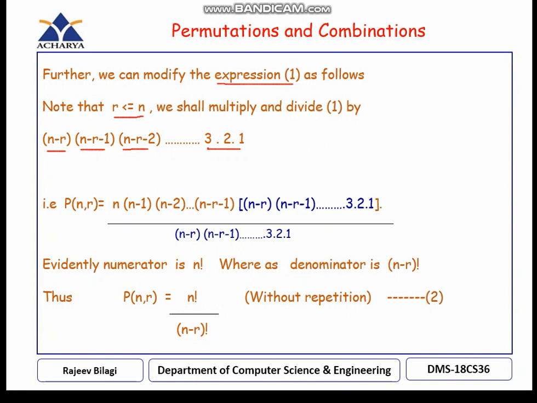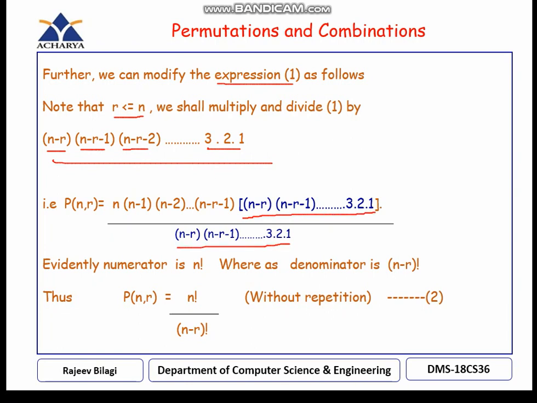P(n, r) will be n into (n minus 1), (n minus 2), up to (n minus r plus 1). What I will do is multiply and divide by this, which is the same thing.